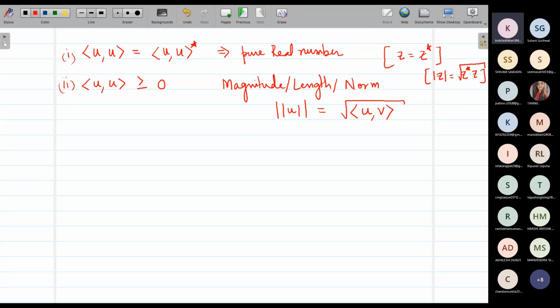Now the third property and the fourth property I can actually combine. Look at the way I write alpha v plus beta w.